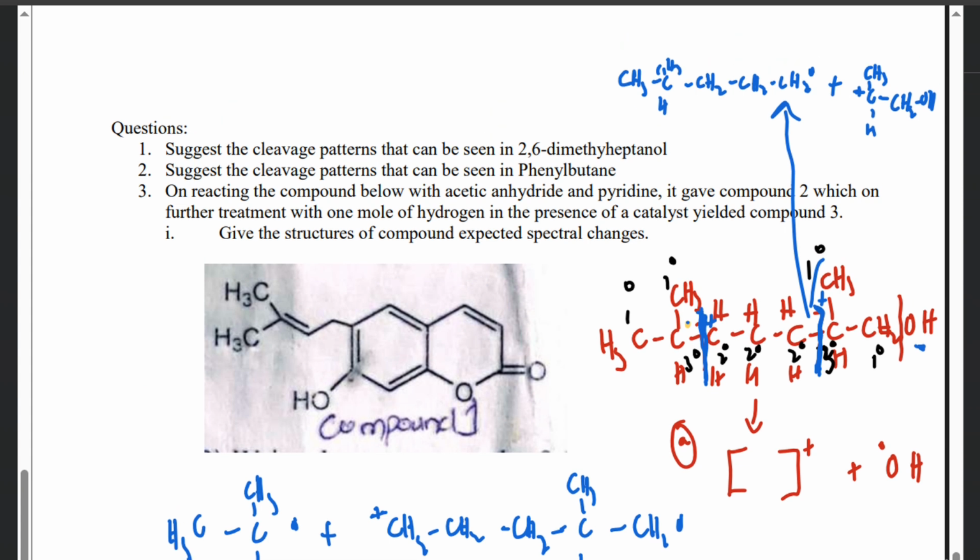On reacting the compound below with acetic anhydride and pyridine, it gives a compound 2. So when you react this with acetic anhydride, basically this OH here is replaced.